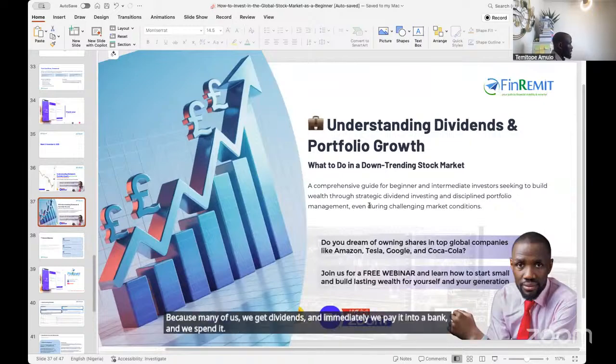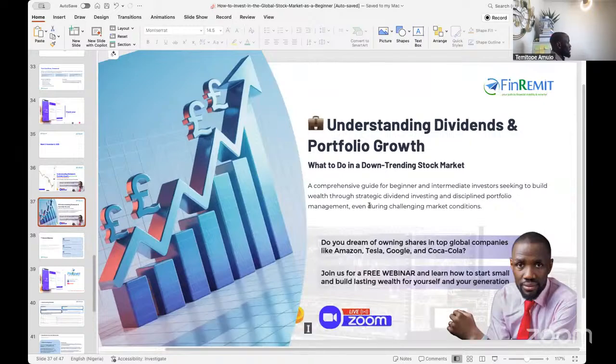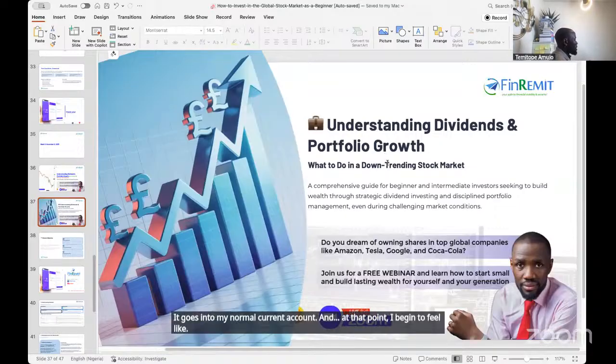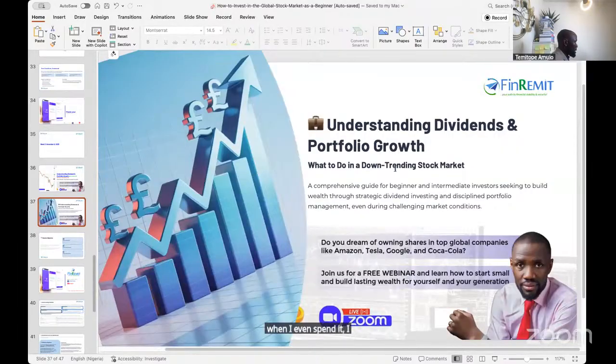I'm one of them anyway. I remember when Stanbic IBTC sends me their dividends, it goes into my normal current account. And at a point, I begin to feel like when I spend it, I may not even remember that, oh, so I've even spent these dividends.